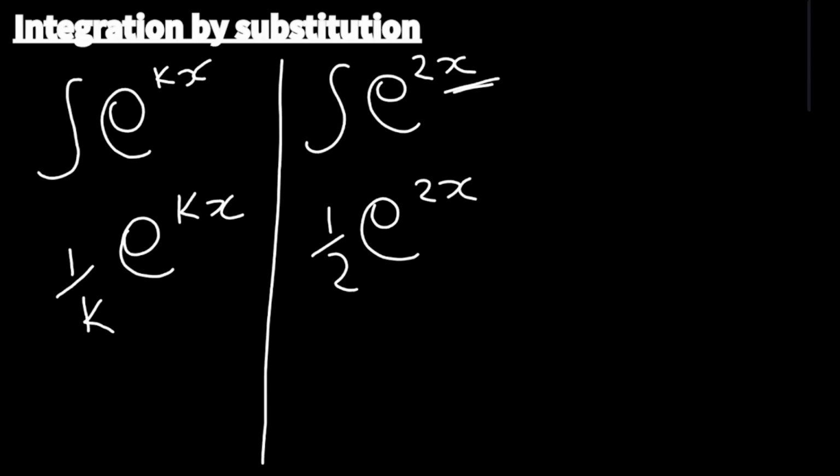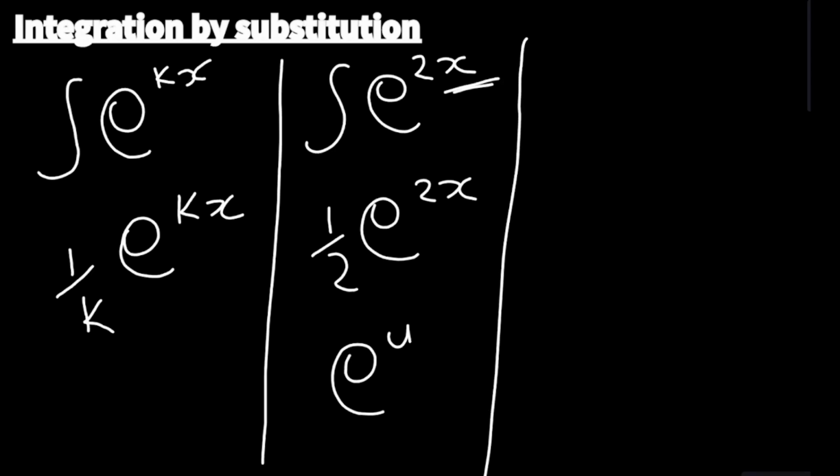In the example we have just done, we had e to the u. We were integrating with respect to u. But there's a 1 here. Whenever you have a variable, there is a 1 behind it, which is not very significant.